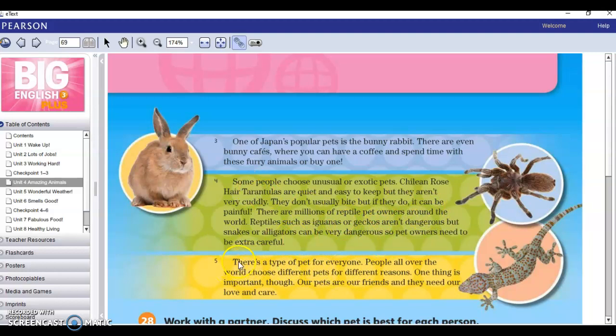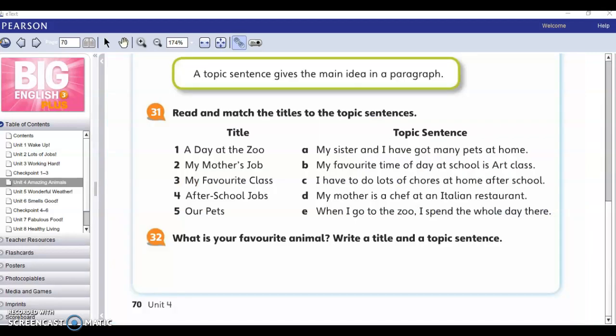The final paragraph, "There's a type of pet for everyone," tells us that all of us can have the right type of pet. People all over the world choose different pets for different reasons. So this is the way that topic sentences work. They give us the main idea in a paragraph.